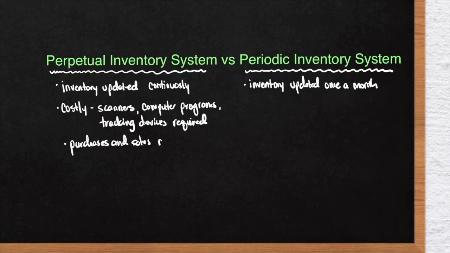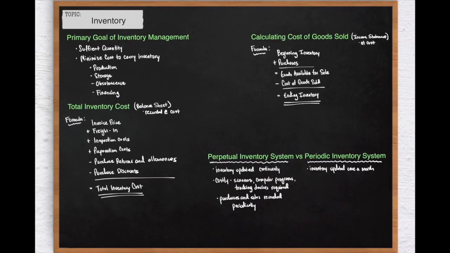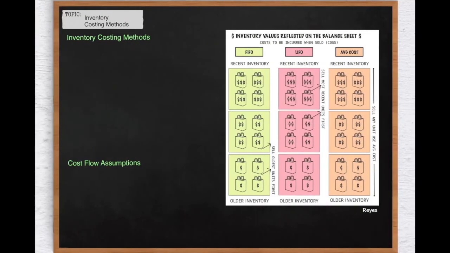I'm going to stress, under a perpetual inventory system, purchases and sales are recorded at all times. It may not be instantaneous, but it will be updated very, very fast compared to a periodic inventory system where the sales are only recorded once a month.